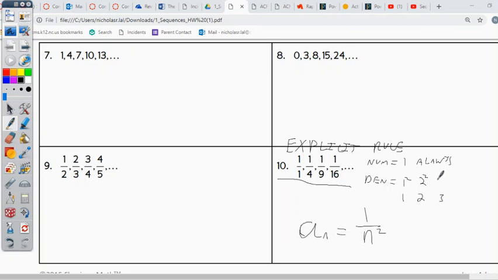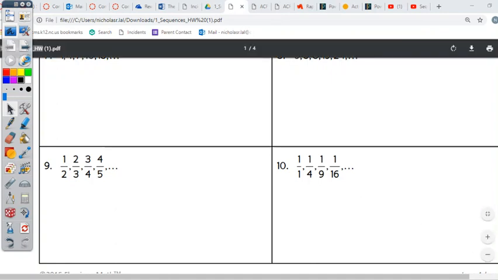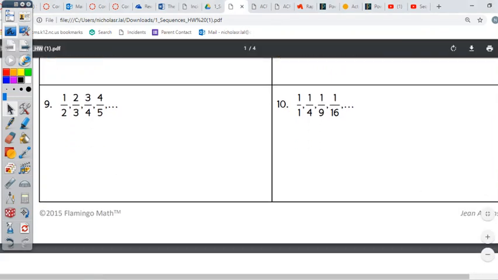The third term is 3 squared, which is 9. The fourth term is 4 squared, which is 16. What's the pattern here is that the numerator is always 1, and the denominator is the term number squared. So a_n is equal to 1 over n squared. That's 10. Let's move to 11. So 10 is a_n is equal to 1 over n squared.